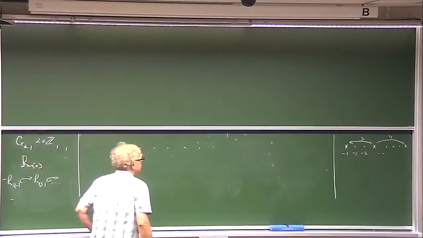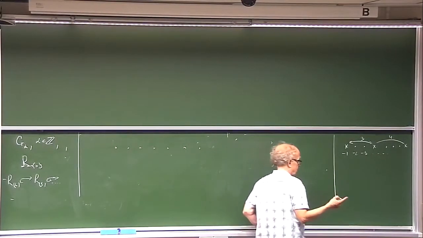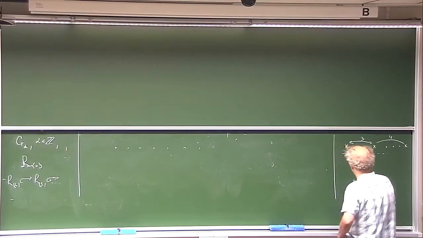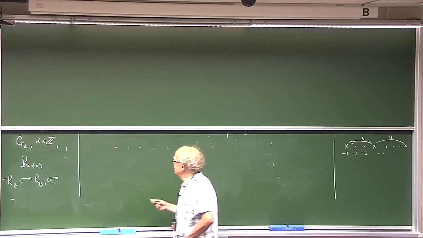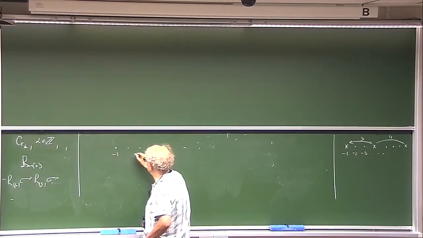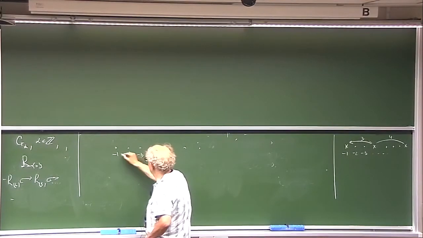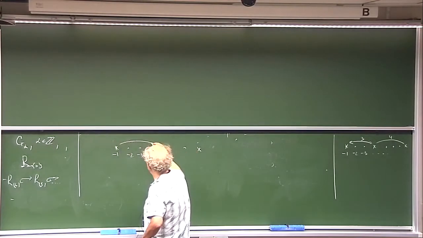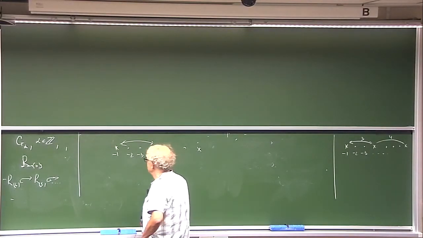No, it's monomials. Monomials are enumerated or labeled by positions. So monomial, in this case, means that we have positions minus 1, minus 2, minus 3, and so on, and I put crosses here, where the distance between them is 3 or bigger than 3.